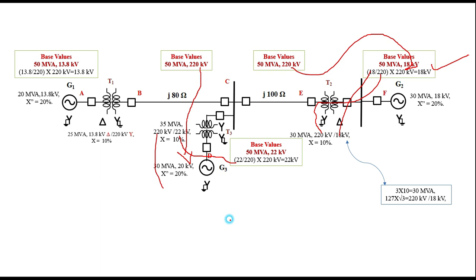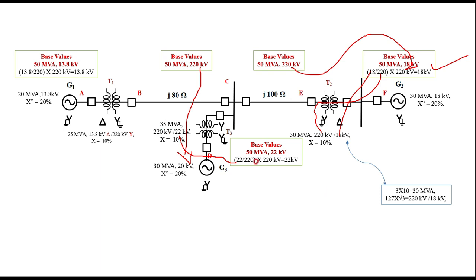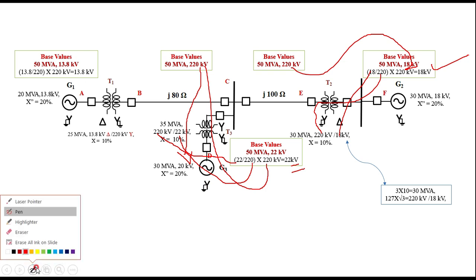This 220 is from here, because this is towards the generator side and this is towards the transmission line side, then this 220 should be this value, so that what I am getting is 22 kilovolts as the base quantity in generator 3.